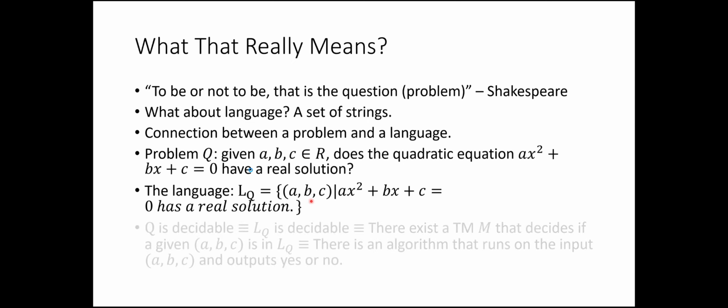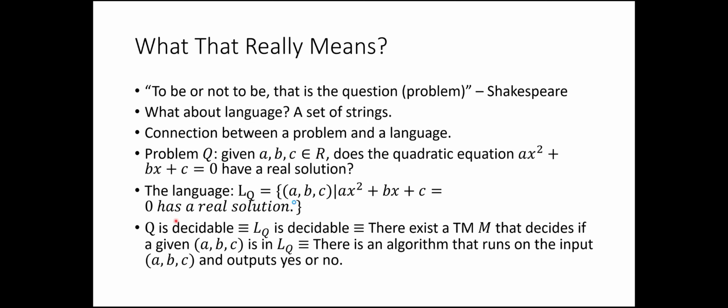Okay, so when we say Q, this problem is decidable, that is equivalent to saying LQ, this language, is also decidable. Okay, if the language LQ is decidable, that means that we can find a Turing machine M that decides if a given string, ABC, is in LQ.